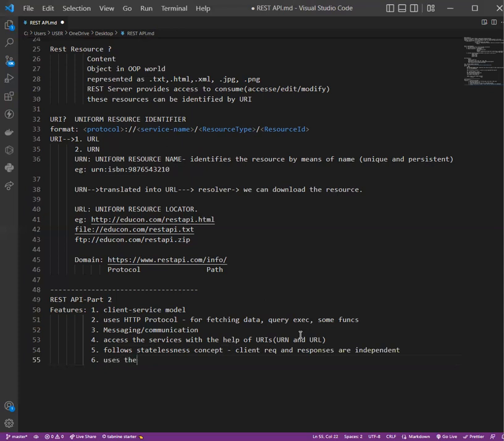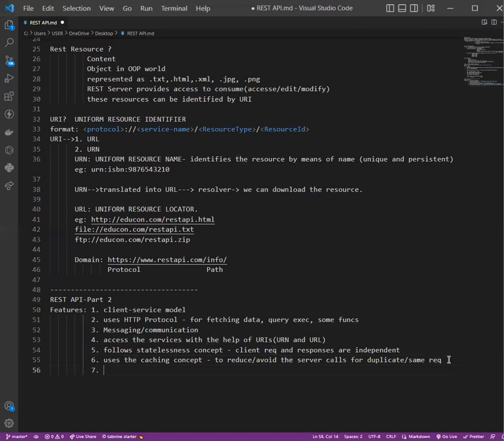It uses the caching concept to reduce the server calls for duplicate requests, or you can say, to avoid server calls for duplicate or same requests.